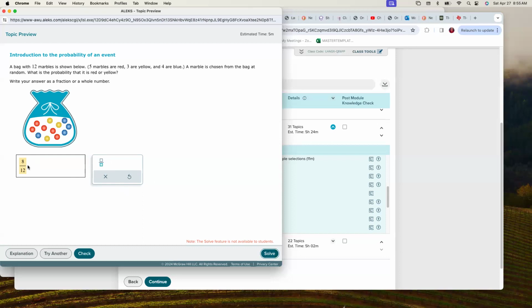But it would be perfectly fine to express this as, what do we say, 3/4, right, if we divide out the 4? Or I'm sorry, excuse me, 2/3. Or we could express it as a percentage.